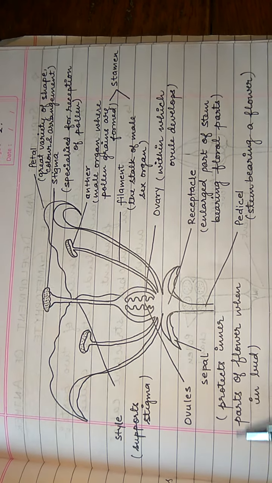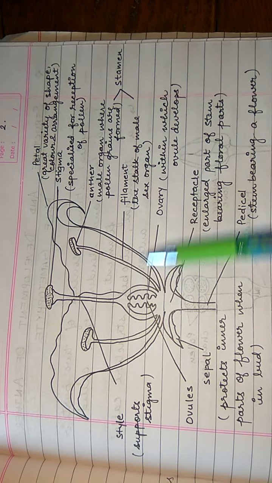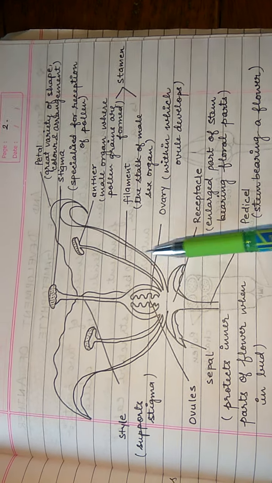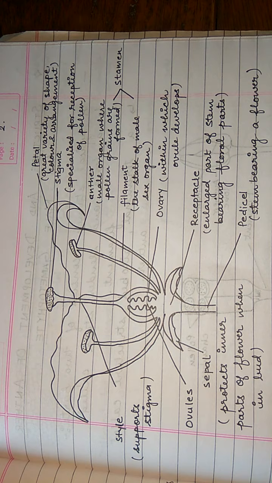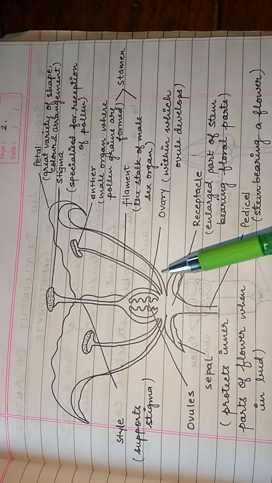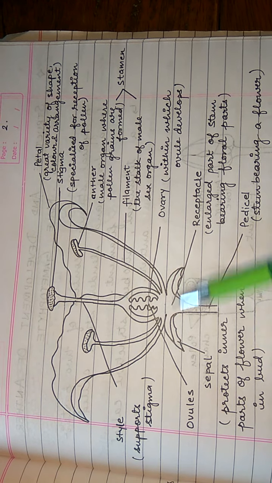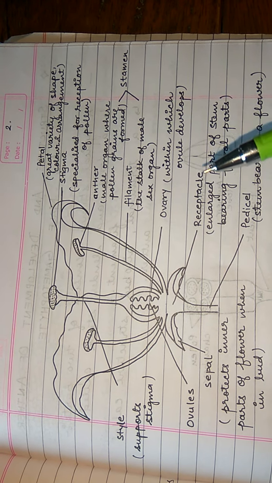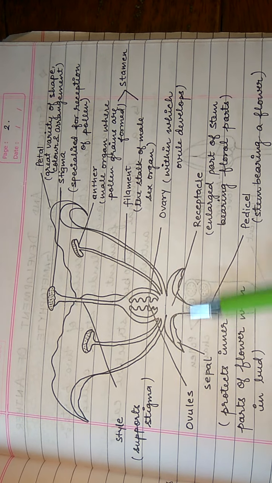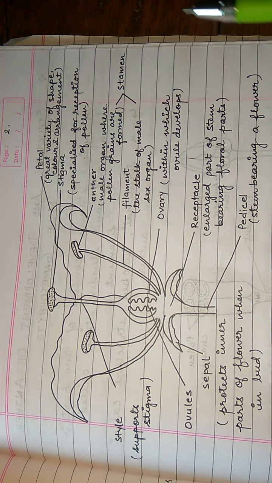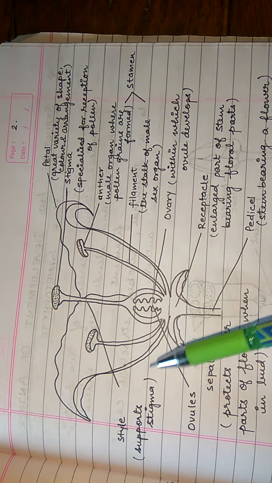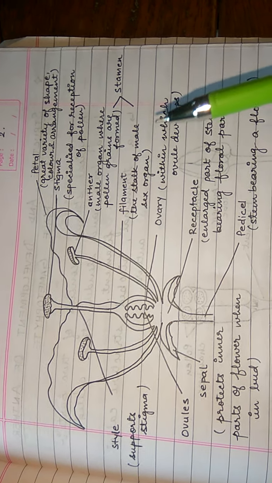The floral axis bearing floral organs is the receptacle. Four types of organs are present on the receptacle in distinct whorls. The outermost whorl is the calyx, which consists of sepals, and the inner whorl is the corolla, made up of petals.